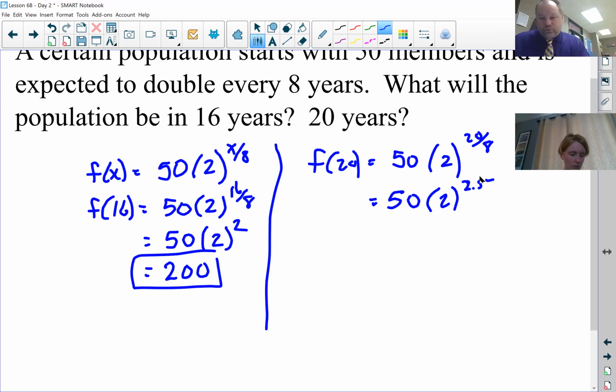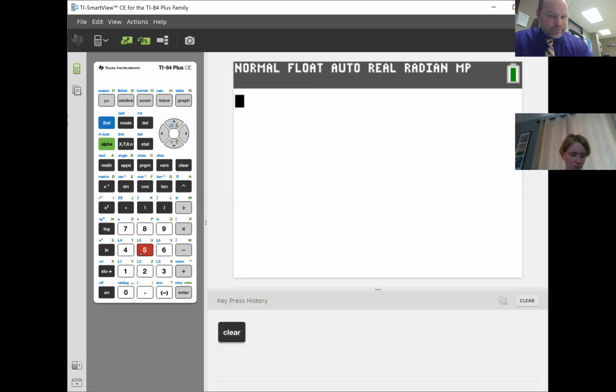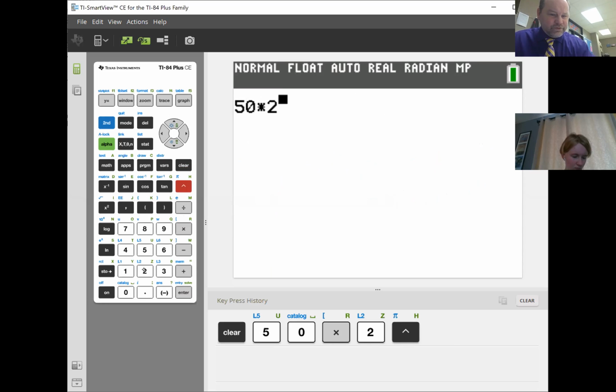So for this one, we would need a calculator, unless you know what 2 to the power of 2.5 is, which I don't expect you to know. I don't think anyone would expect you to know. But if we go to our calculator, 50 times 2 to the power of 2.5.